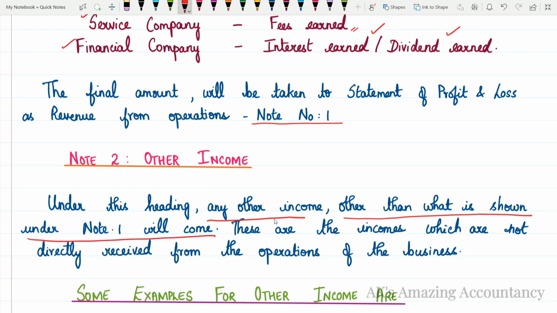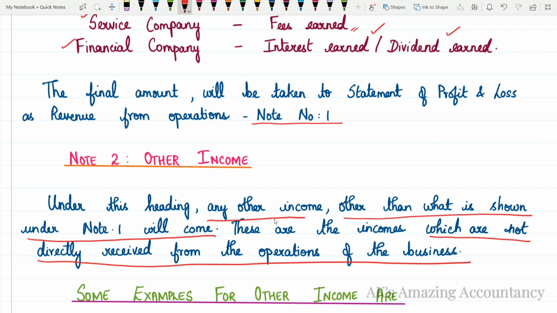I told you the main source of income, that is the income from operations, will come under note 1, isn't it? Apart from the main source of income, apart from the income from operation or revenue from operation, if there is any other income, that will come under note 2. Okay, so these are the incomes which are not directly received from the operations of the business.